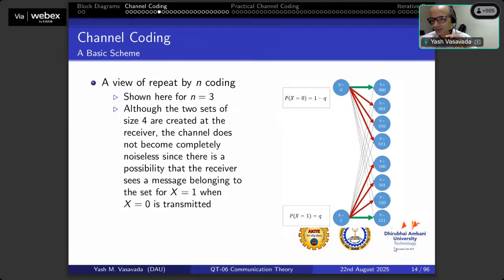So you transmit 0, 0, 0, and the receiver gets 1, 1, 1. But that happens with even smaller probability. The strongest is the green. Then the next strongest are the red colored arrows. And then all the gray colored arrows are pretty weak in terms of probabilities.